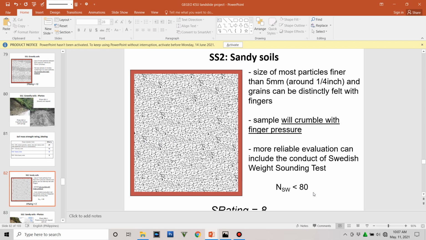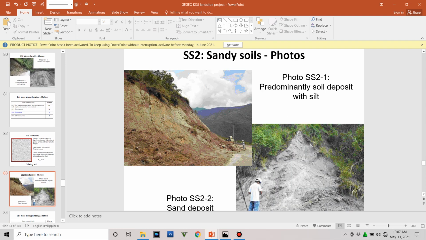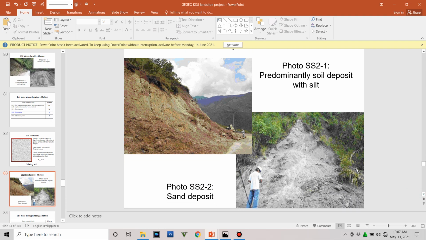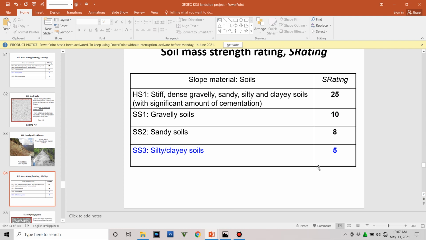So more reliable evaluation again with the Swedish weight sounding test regarding NSW. So we have here a predominant soil deposit with silt and sand deposits here. Okay. So for the last, SS3, we have 5.